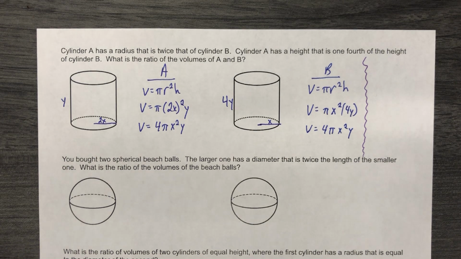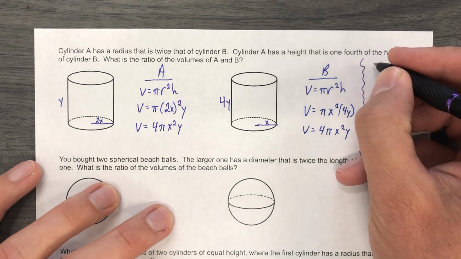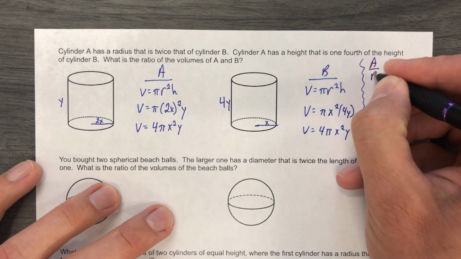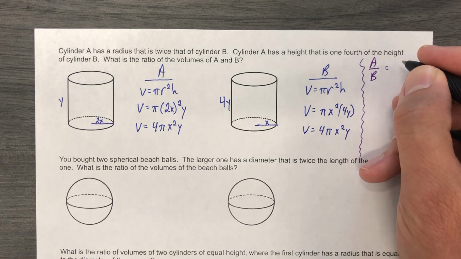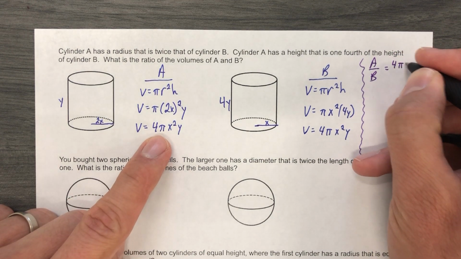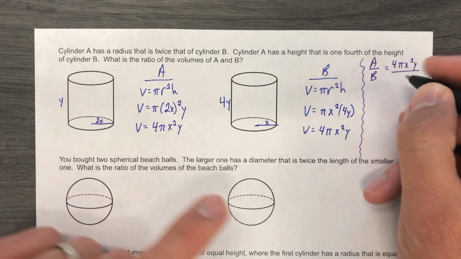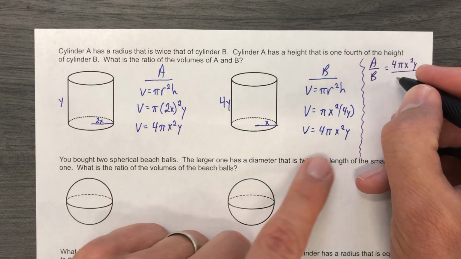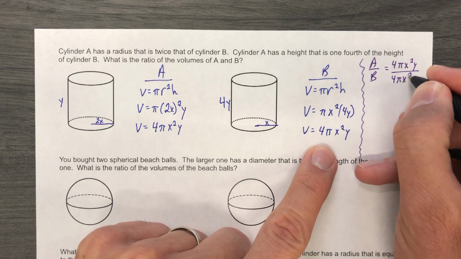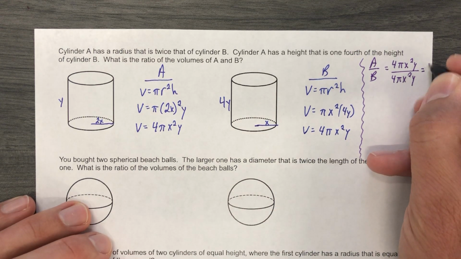When I create a ratio of A to B, I'm going to do A divided by B. This is really obvious. You don't have to write all this if you already know what's about to happen. I have 4 pi x squared y over 4 pi x squared y. Everything cancels and it gives me 1.